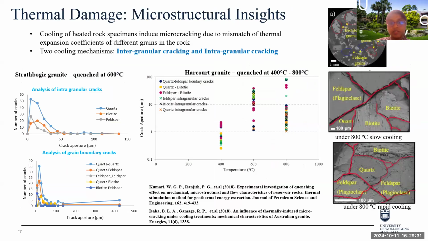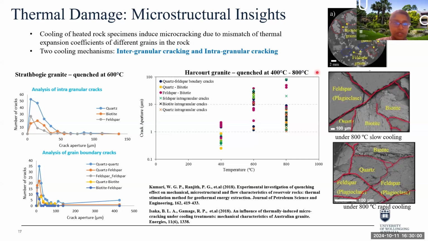Given today's focus is on integrating microstructural analysis in geothermal geomechanics, next I will move into microcracking mechanisms triggered by thermal loading. Among advanced microscale techniques, computed tomography or CT imaging has evolved to quantify pores and microfractures, providing digitization of internal structure.